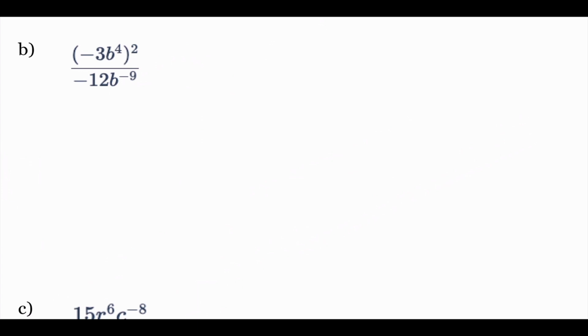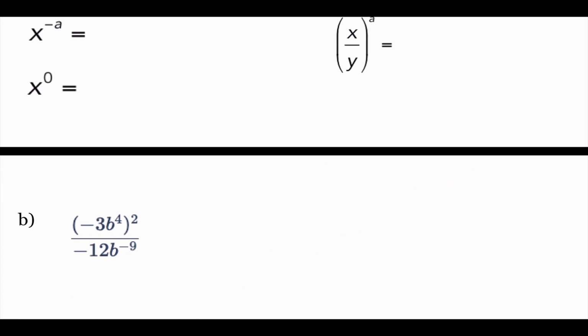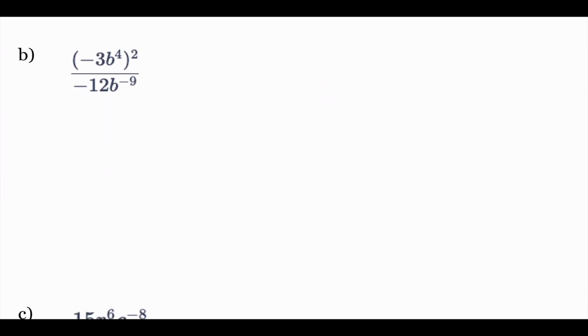So the parentheses, the stuff on the inside is squared. So that means everything on the inside gets a squared, a second power. That's what the rule says. So I have negative 3 squared, b to the 4th squared.